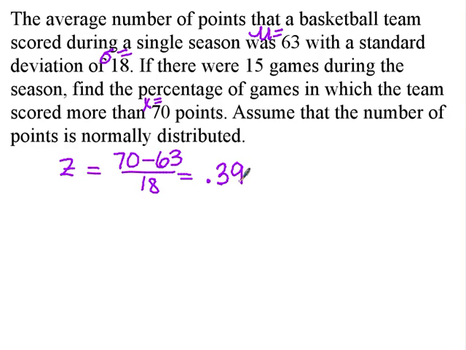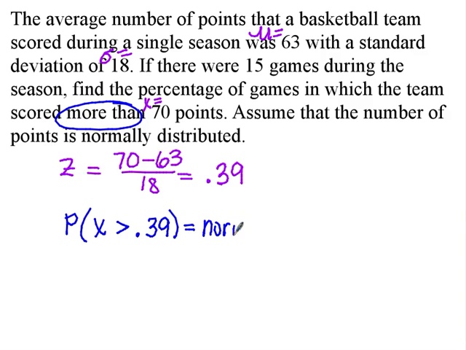So let's look in the problem: find the percentage of games in which the team scored more than. So what's that going to be? X is greater than 0.39. Now, this is what you're looking for.